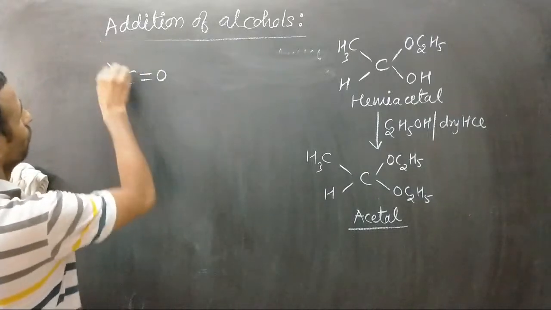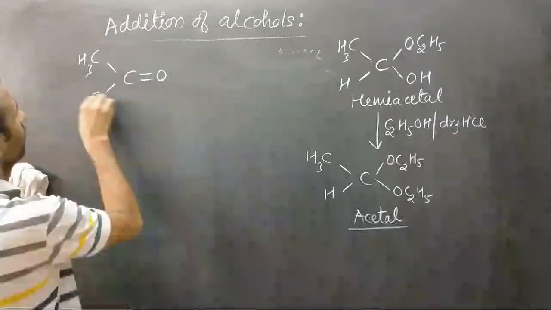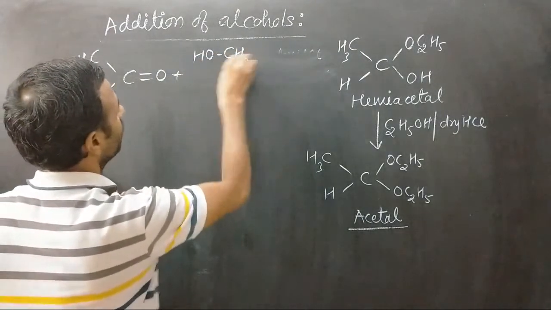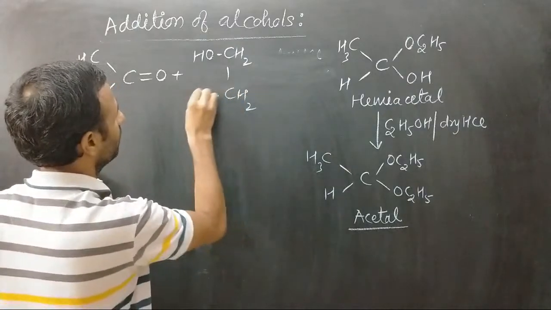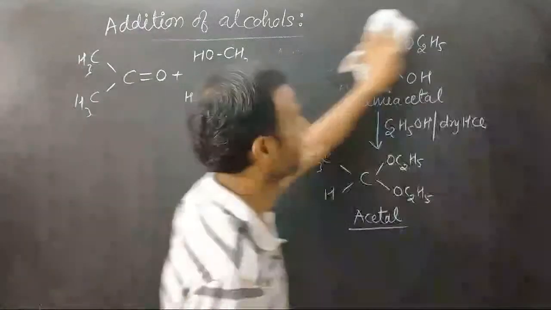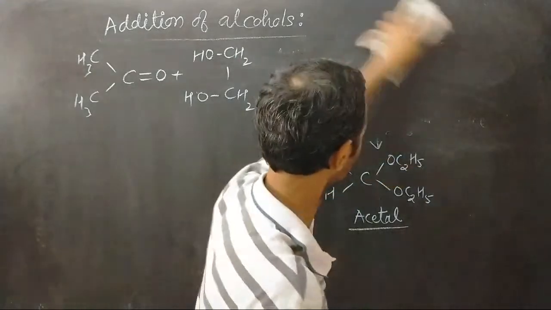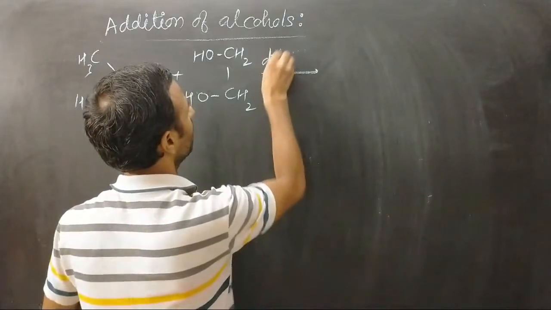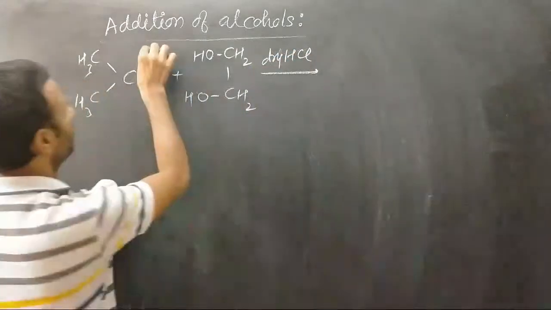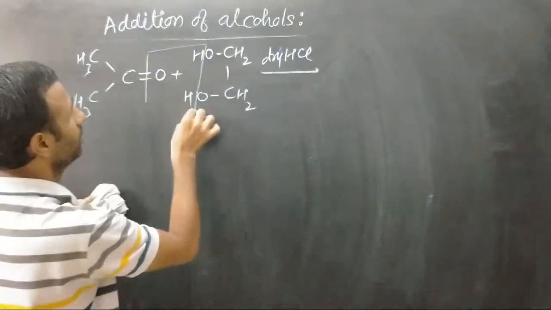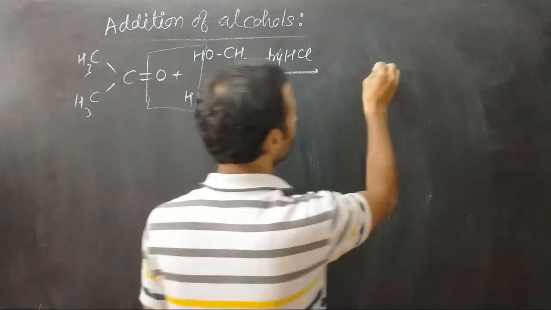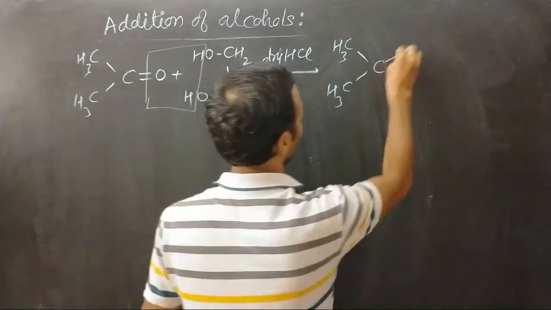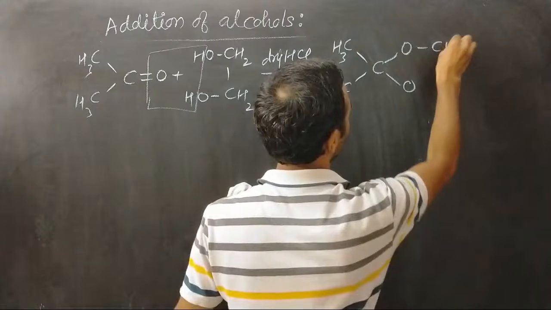Like we have ketone, acetone, then dihydric alcohol like ethylene glycol reacts in the presence of dry HCl and we get cyclic ketal.